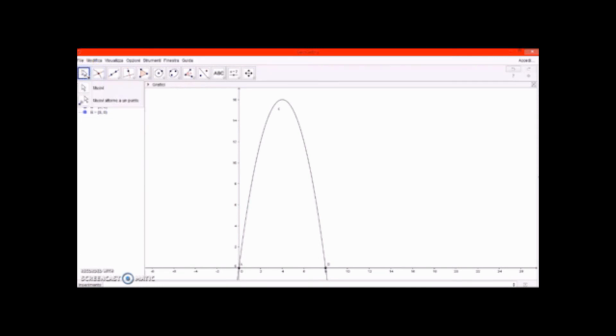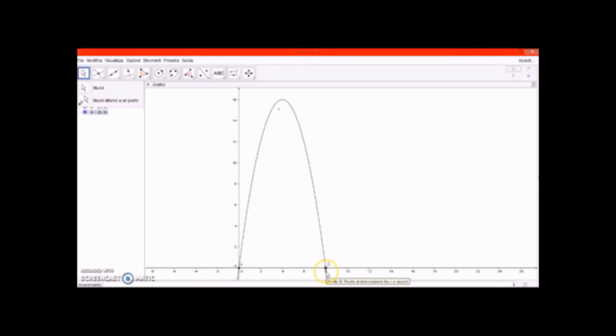Then, if we put x equals 0, we find the intersection with the y-axis, and in this case the intersection is 0. Then, what we do now is to find out the vertex of our parabola. So, we calculate the midpoint between 0 and 8.